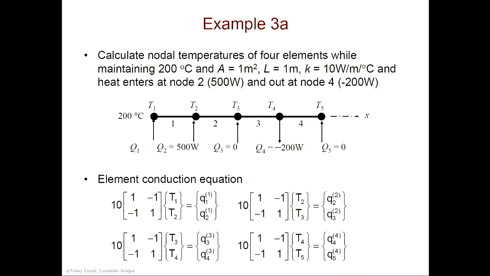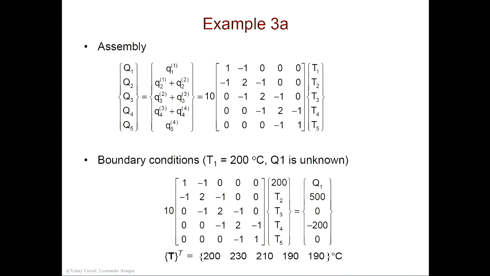What else we got? Yeah, that's it. For each element, quickly, they're the same size, right? So it's the same for elements 1, 2, 3, 4. Then assembly, same process, just assemble it using the same process we discussed before. Use the connectivity code to assemble it.